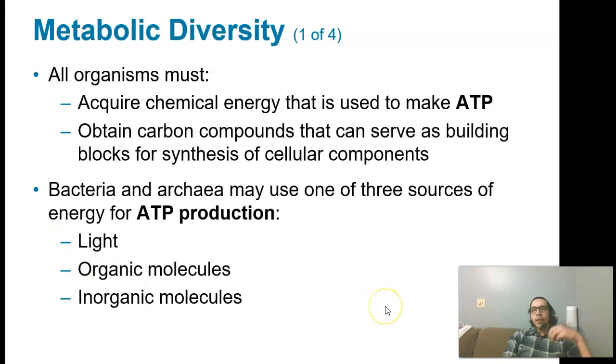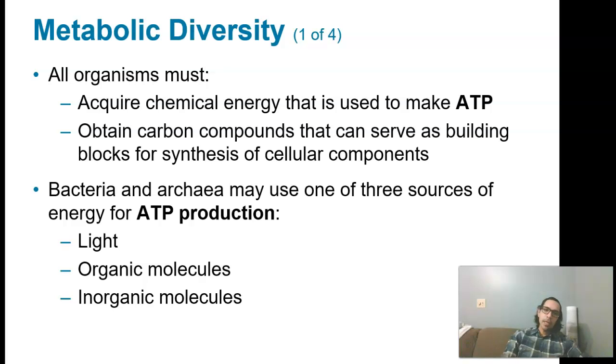The bacteria and archaea use one of three sources for energy to produce ATP. They can use light, and in that case, they're called phototrophs.